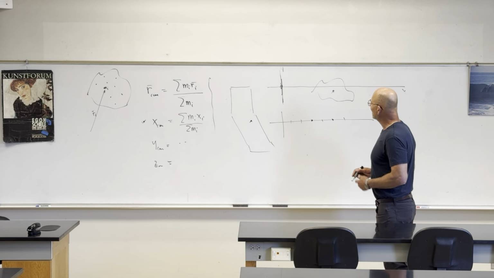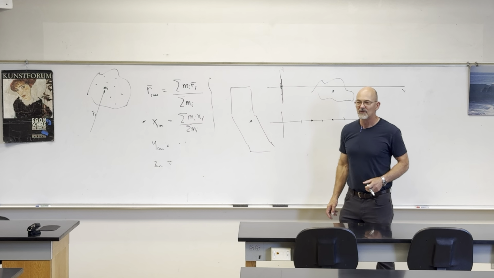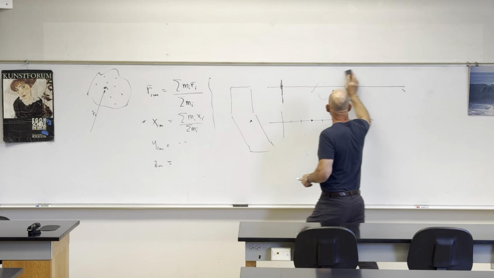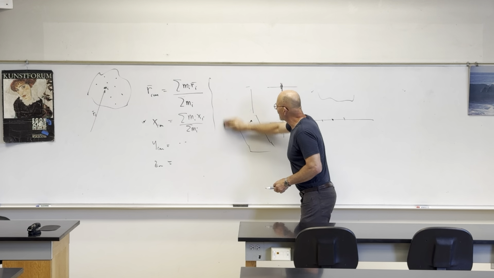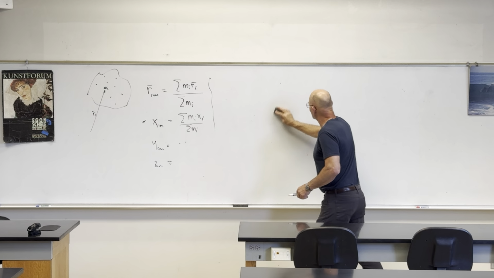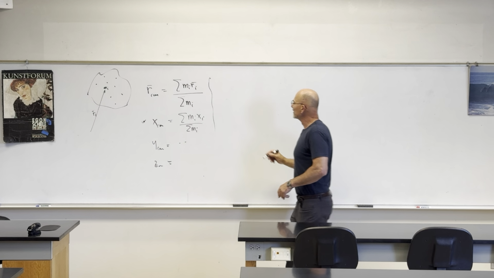But let's do some more interesting ones now. I had mentioned the horseshoe, so we'll do the semicircular hoop, the semicircle, and those allow us to do some interesting calculations. I'll do a couple and I'll assign a couple to you guys.